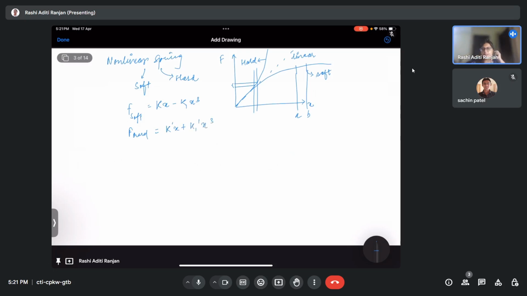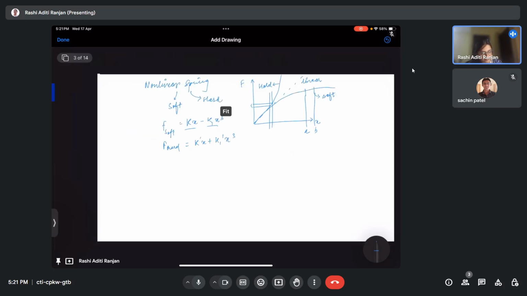Just for example, it is usually of this form because with the increase of x, the x cube is going to dominate, right? So the negative part is going to increase, and that is why it is a soft spring. While in case of your hard spring, the x cube dominates and it adds to the force, right? So this is your soft and hard spring concept.